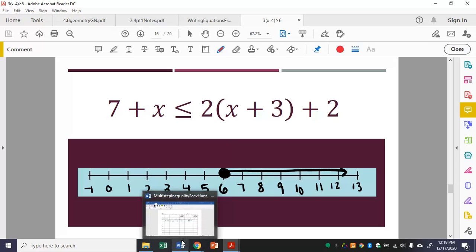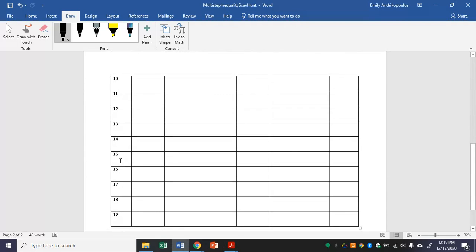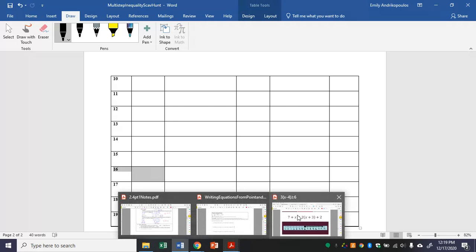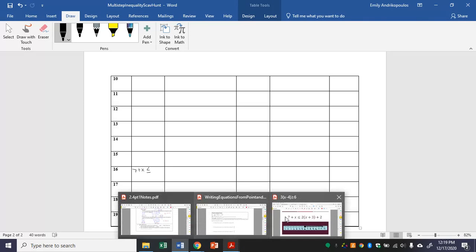I'm going to go back to my inequality worksheet and scroll down, and now I'm going to start in this row here. I'm going to start at number 16. I'm going to do the same process where I have my inequality. I'll write it down. So I have 7 plus x is less than or equal to, let's see, I can't fit all of this in one.